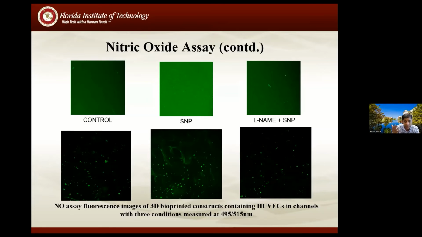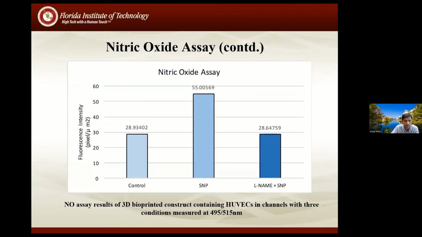Sodium nitroprusside basically increases the expression, as you could see from the color, and then if you use L-NAME, it brings it down. So we want to really simulate that if you go to microgravity, what you're going to see with this bioprinted tissue will be a true representation of the mechanisms. That's why we did these lab experiments, just to demonstrate the importance of it. So you could see that, as we expected, sodium nitroprusside is an enhancer, it's going to increase it, and then if you use L-NAME, it brings it back.